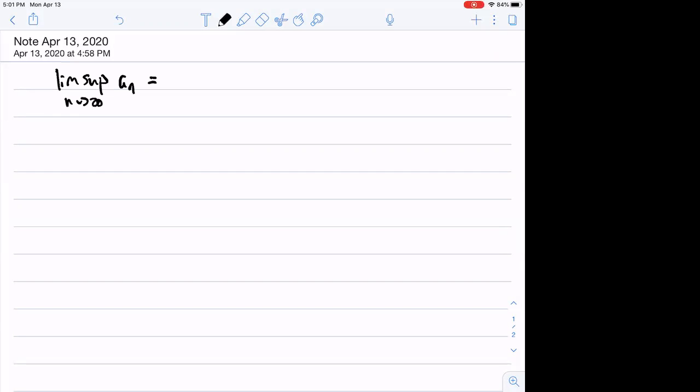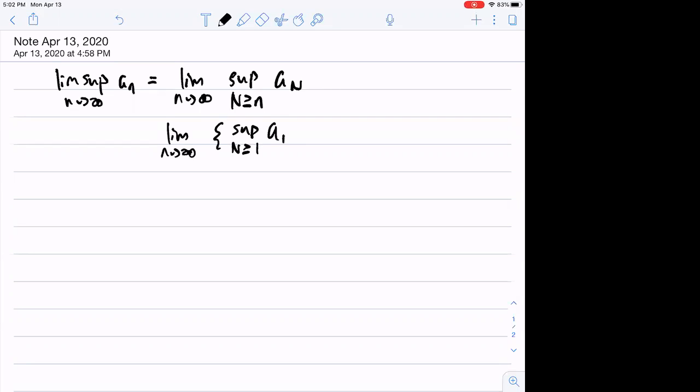is, by definition, the limit as n goes to infinity of sup over n greater than or equal to N. And so you could think of this as a limit of the sequence of sups: sup over n greater than or equal to 1, sup over n greater than or equal to 2, and so on.